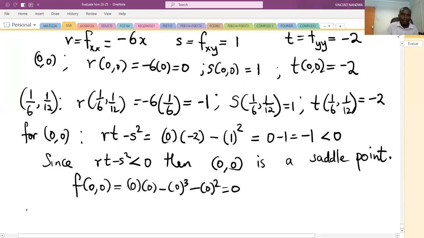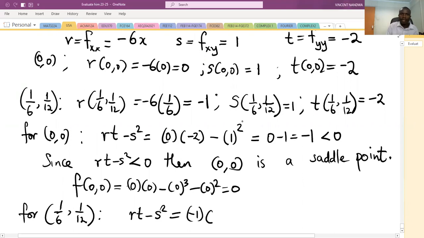And then for the next point, 1 over 6, 1 over 12, RT minus S squared will be R, from our calculation, is negative 1. T is 1.